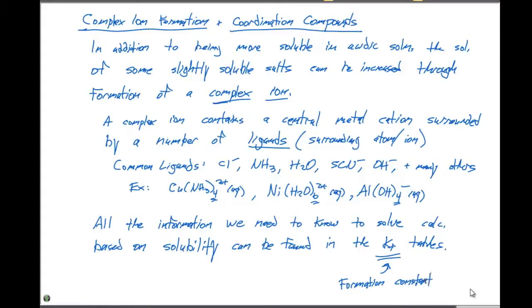It's going to tell you if a complex ion will form when you put a metal cation in solution and surround it by various ligands. You will see this KF table in your qualitative analysis lab. When we're looking at solubility in the big picture, this should be the first place that you look to analyze if a particular slightly soluble salt is going to dissolve more, or maybe it would dissolve less.